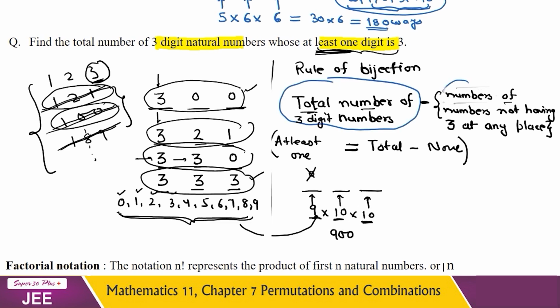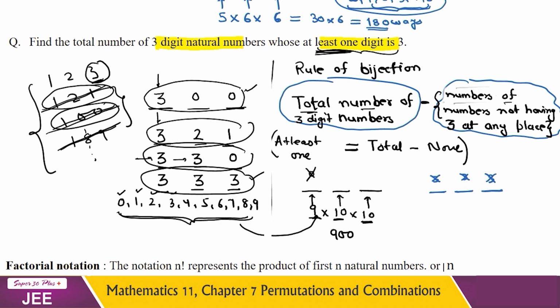Alright, so I have calculated this part. Now we have to work upon this part: the total number of numbers not having 3 at any place. Please look very carefully and try to understand that we now have to make a 3-digit number in which 3 cannot occur over here or here or here.